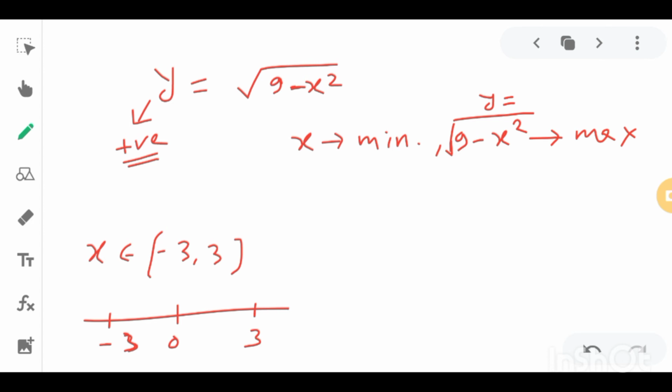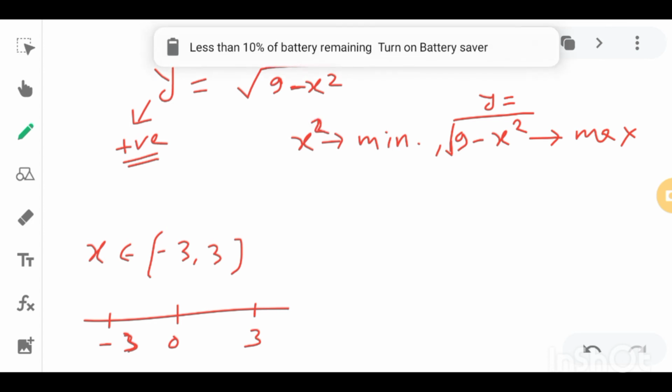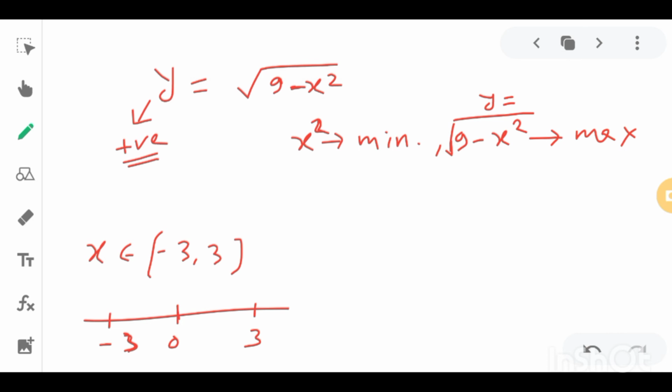So x minimum means x square minimum, I will write. That will be the correct word. Okay. So x square will be minimum when x is 0. So x square minimum value is 0, correct? When x will be 0, then x square will be minimum, because when x is minus 3, x square will be 9.